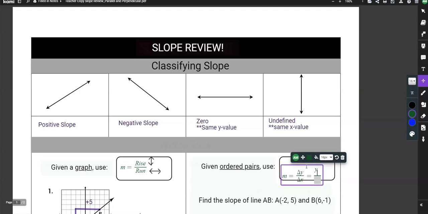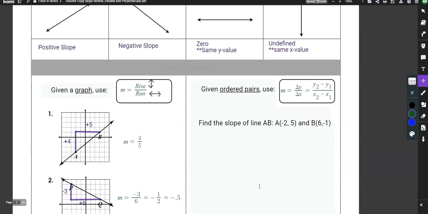But it essentially means y2 minus y1 divided by x2 minus x1. You may use either version of the formula, whichever way works better for you. I will use them interchangeably as I go.